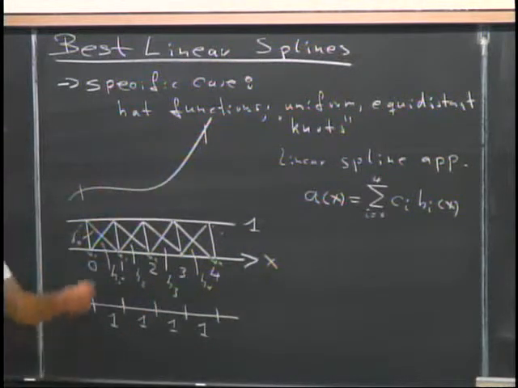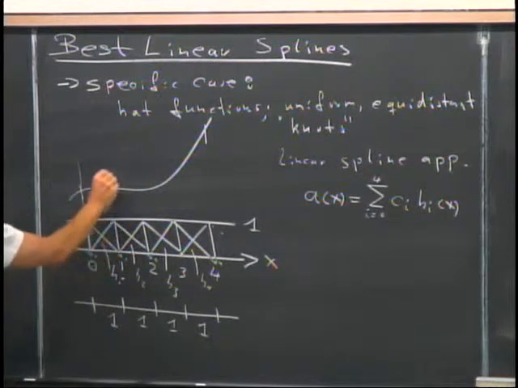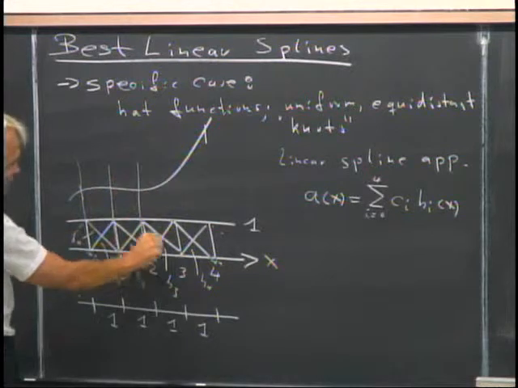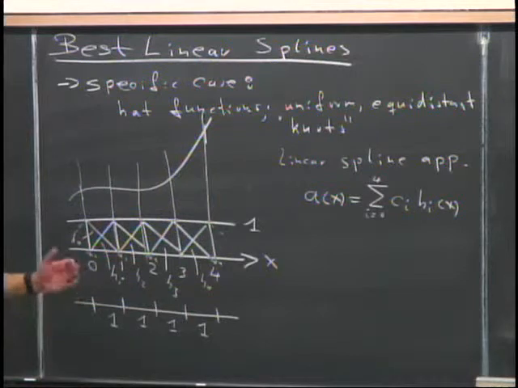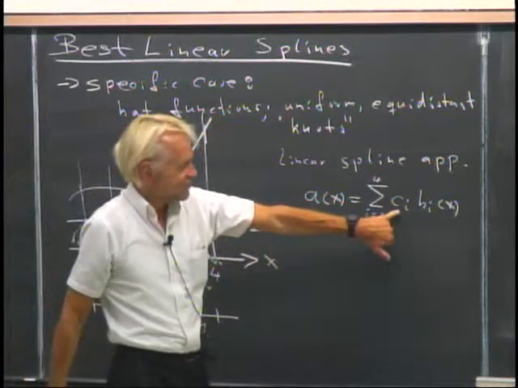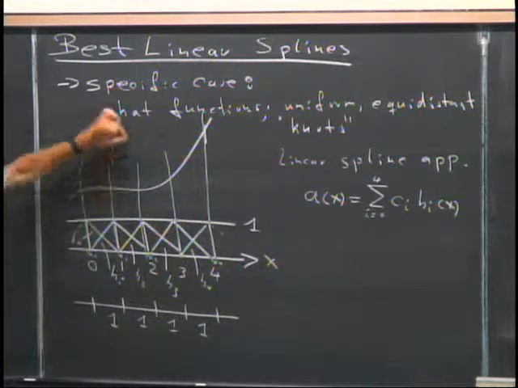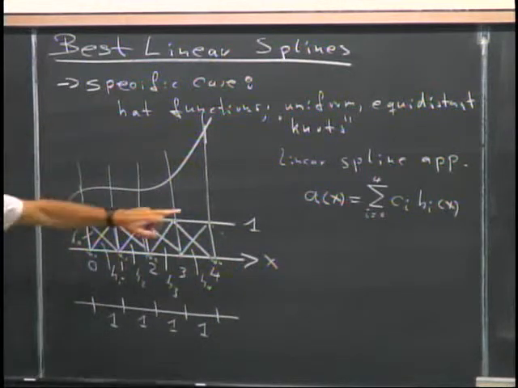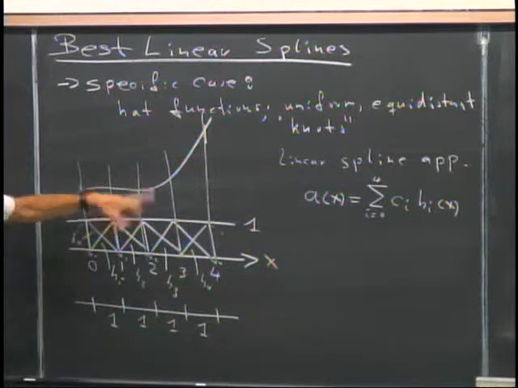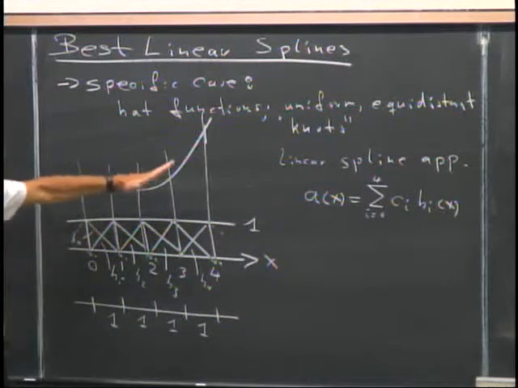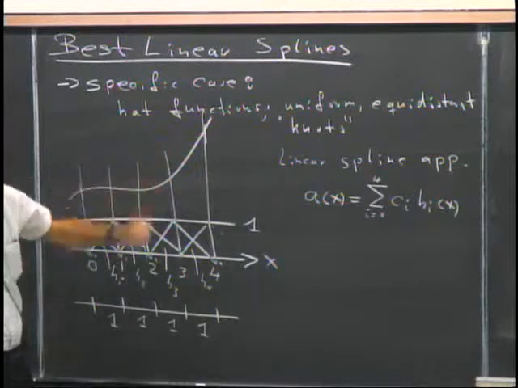So what is the best possible coefficient to multiply this hat function, this one, this one, and this one? It's another way to think about it. These coefficients are heights along these perpendicular lines. Where should I place these coefficients c_i on these perpendicular lines such that the 4 segments combined give me the best possible polyline for this curved creature?